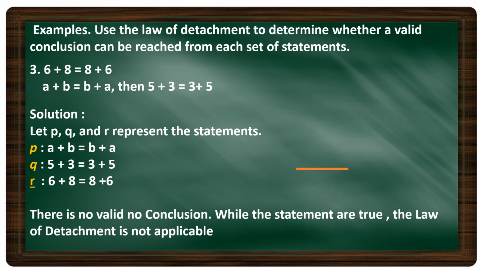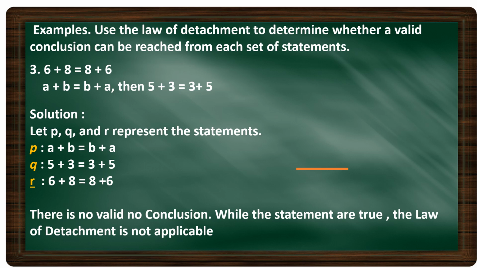Let's have example number 3. Still, we're going to use the law of detachment to determine whether a valid conclusion can be reached from each set of statements. Our example is 6 + 8 = 8 + 6. That is your first statement. Then we have a + b = b + a.